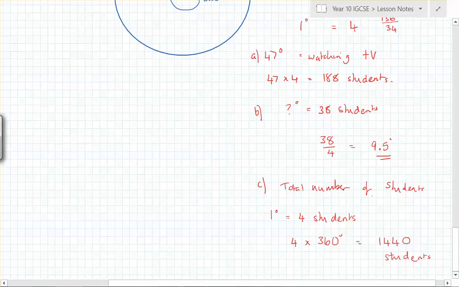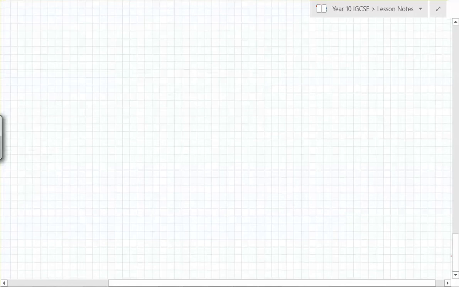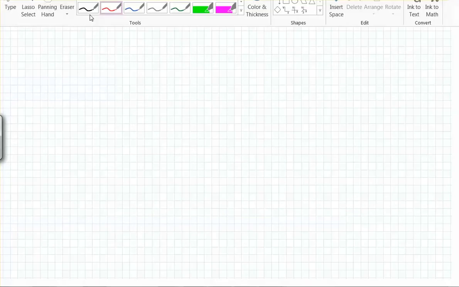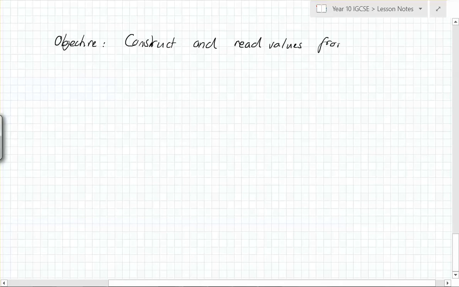So, that leads us on to today's objective. Alright? Today's objective is to construct and read values from a stem and leaf plot.